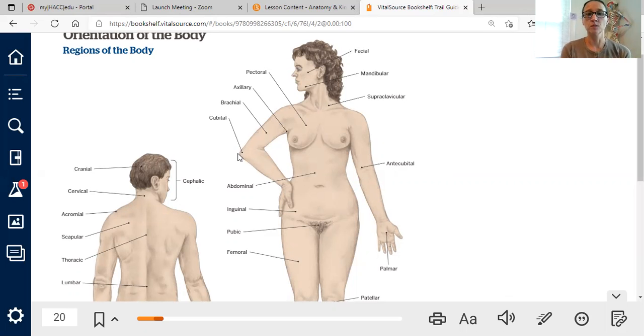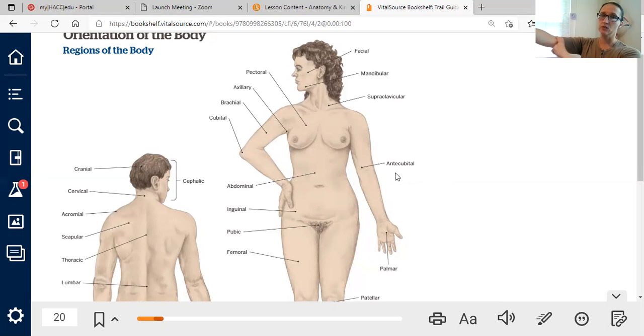You have a cubital region. Cubital region is your elbow. And then on the opposite side, on the anterior, you have an antecubital region. Ante means before. So this section of your arm is before the cubital region.